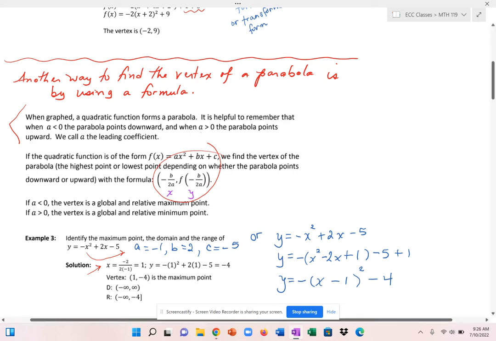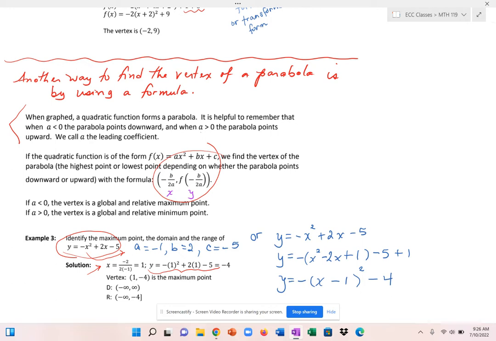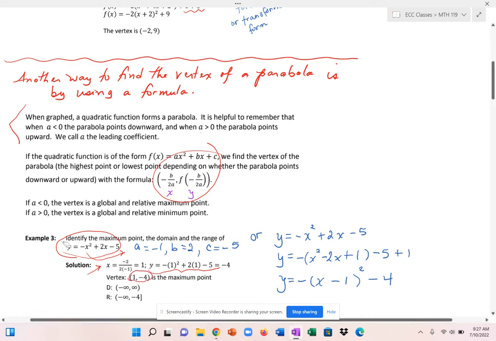Then to find the y-coordinate, you plug in 1 right in here. So it'll be a negative outside of 1 squared, plus 2 times 1, minus 5. That works out to be negative 1 plus 2 minus 5, which simplifies to negative 4. So the vertex, or the maximum point, is at positive 1, negative 4.